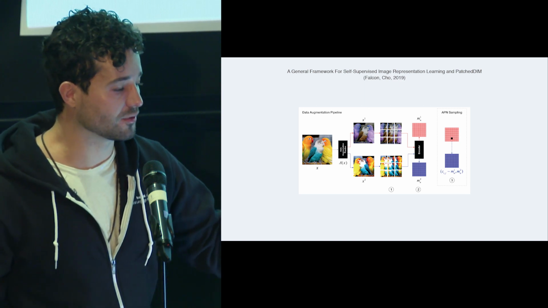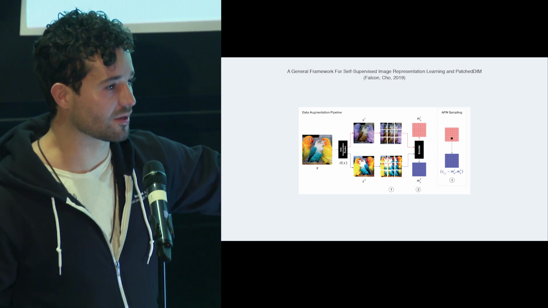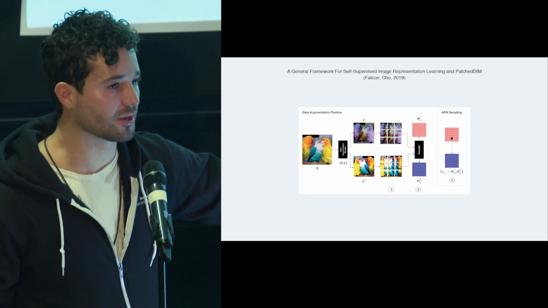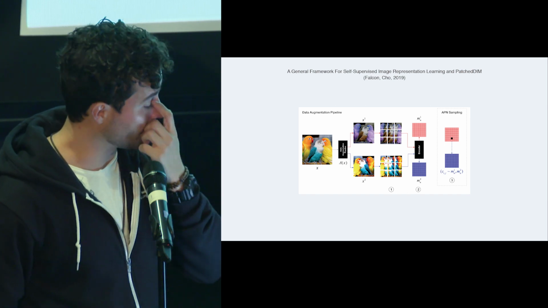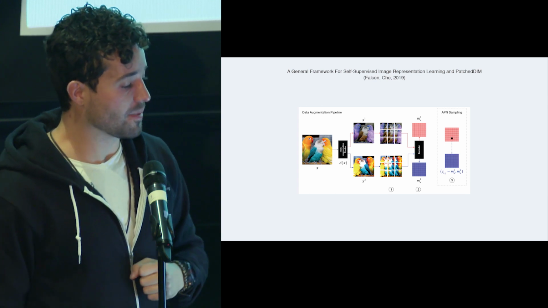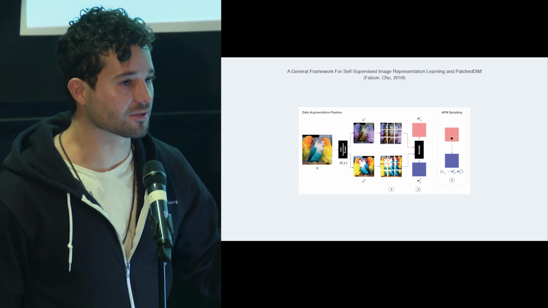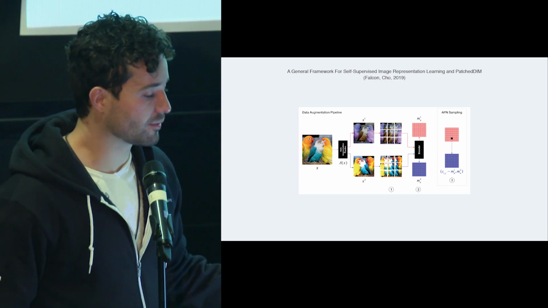If you do this wrong, you're going to share too much information between the 2 images that are the same, and you're going to learn a trivial solution, and you're not going to learn anything. So what we find is that the data augmentation pipeline basically helps us not learn those trivial solutions.